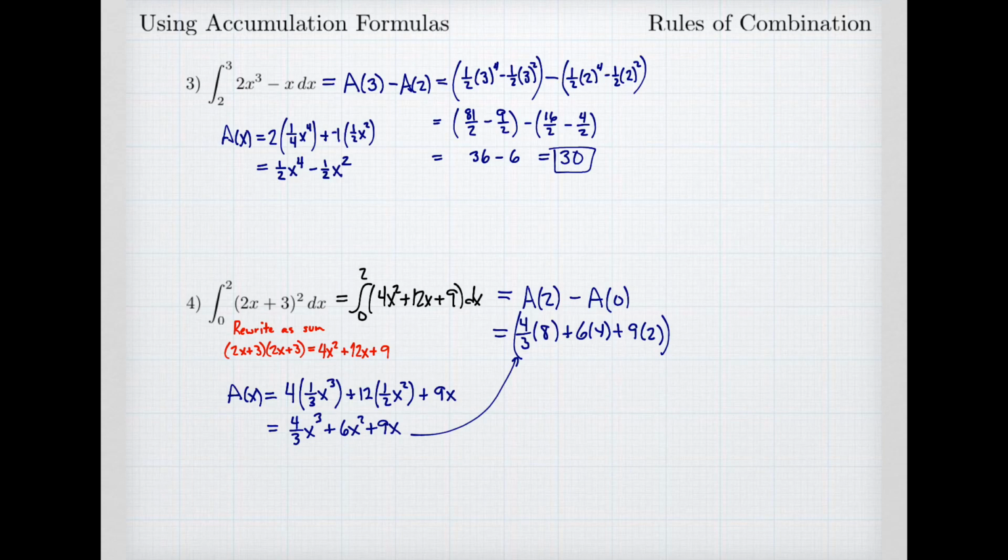And at 0, 0 cubed, 0 squared, and 0 all go away. And so my accumulation function at 0 was 0. And now I just simplify. I have 32 thirds plus 24 plus 18. And I pulled out my calculator and found that that is equal to 158 thirds.